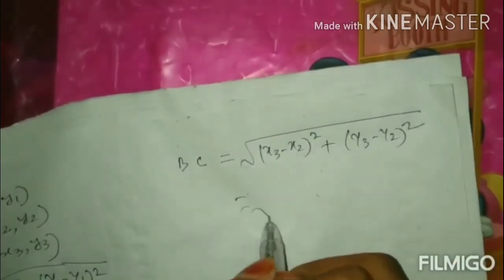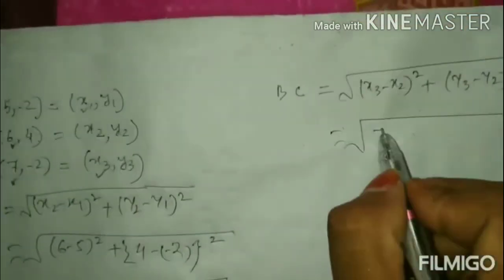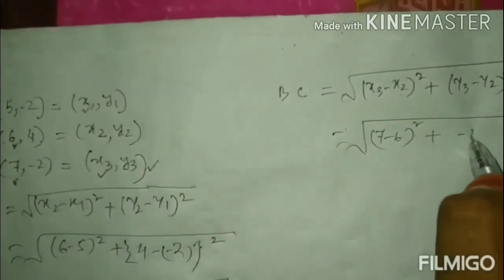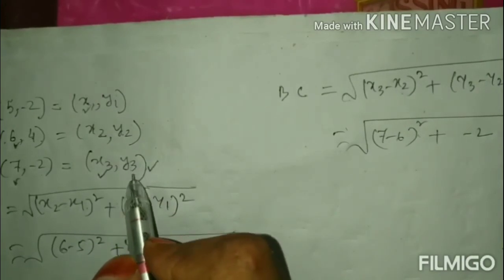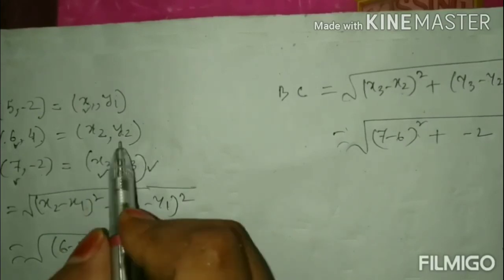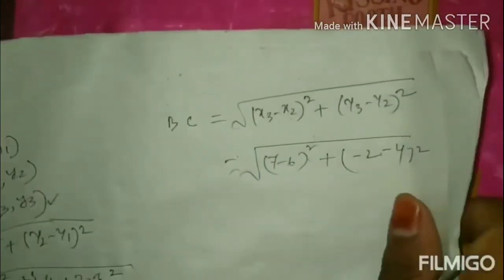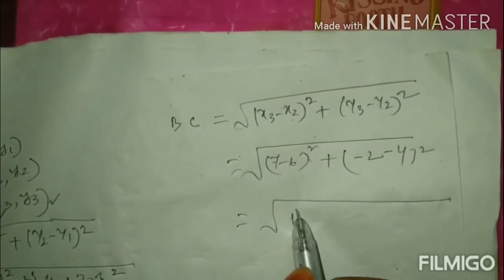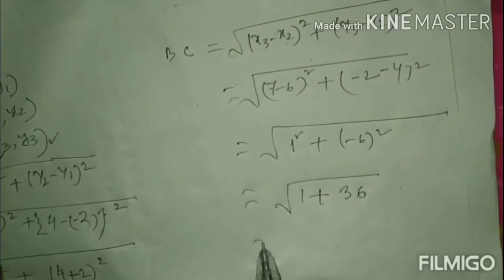Now put the corresponding values. x3 is 7, x2 is 6, 7 minus 6 whole square plus y3 is minus 2 and y2 is 4. So minus is here and 4. So what are we getting? 7 minus 6 is 1 square plus minus 6 square. So 1 plus 36. So this will be root over 37.